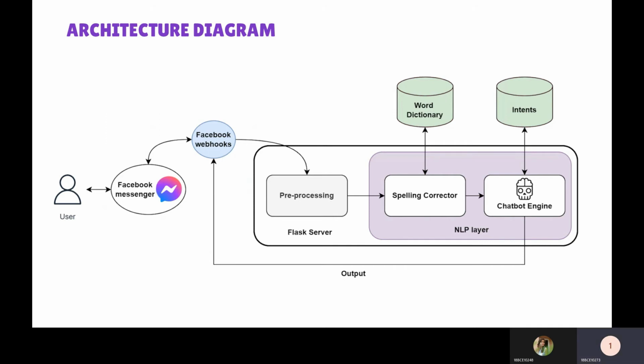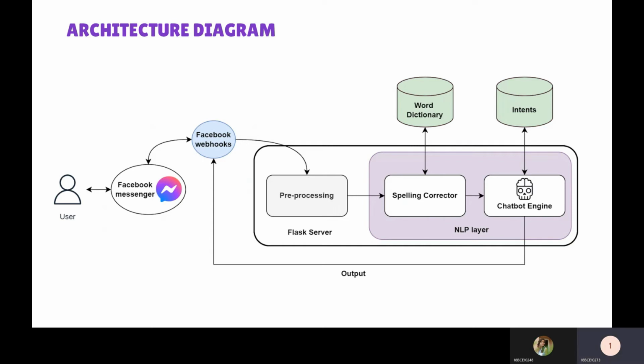After reaching the Flask server, it first gets pre-processed to go further to the spelling corrector. The spelling corrector will then find all the possible spelling errors in all the words in that particular input or sentence, and then retrieve the correct words from the dictionary and correct all those spelling mistakes.